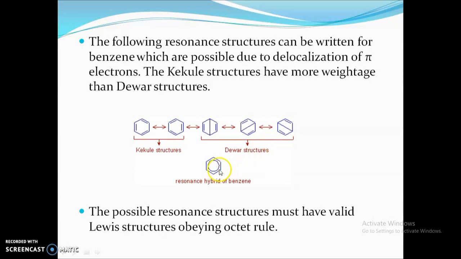The actual structure, which is known as resonance hybrid, is a combination of all of these, and it is represented in this way. Here the circle in between represents the delocalized pi electron cloud. The possible resonating structures must have a valid Lewis structure which obeys the octet rule.